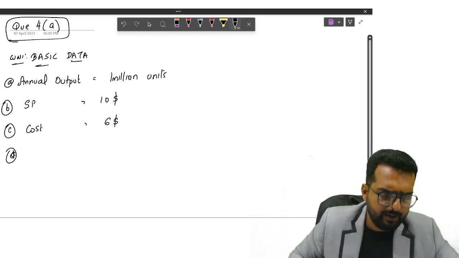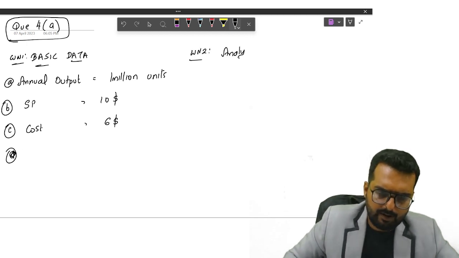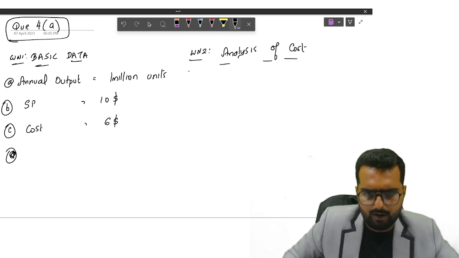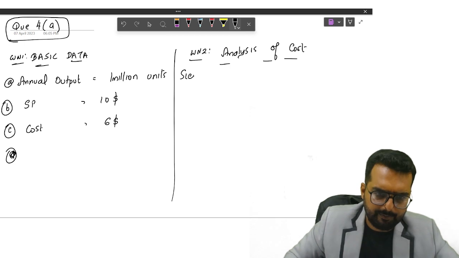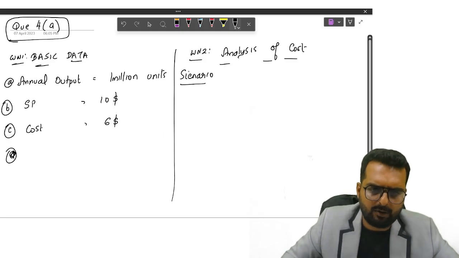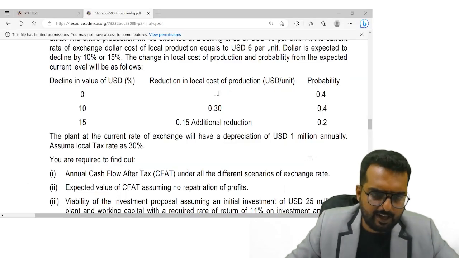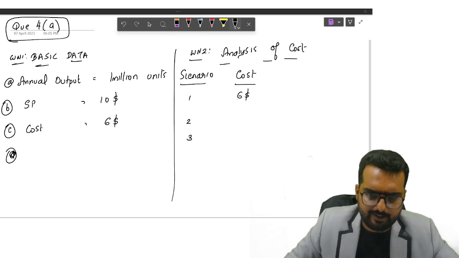So based on this, I'll write down working note number 2, analysis of cost. Okay, so I'll put a table over here. Scenario. So we have the first scenario, I'll call it scenario 1, 2, 3. In the first scenario, your cost will remain at $6.